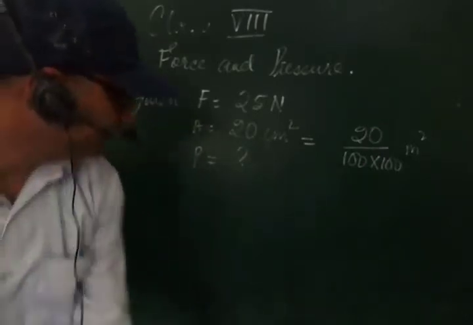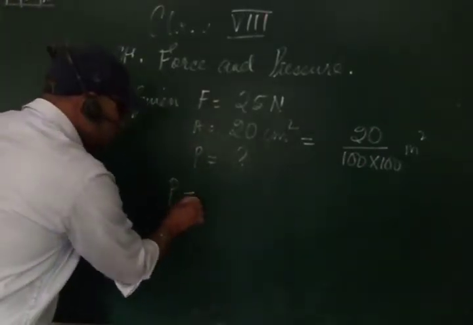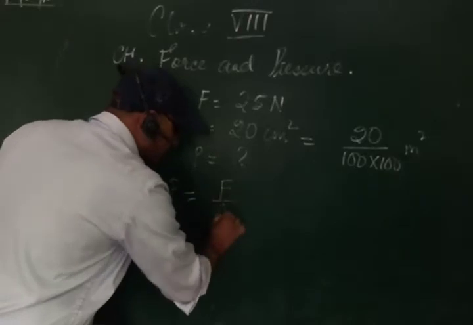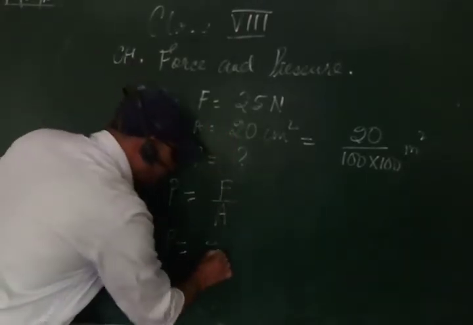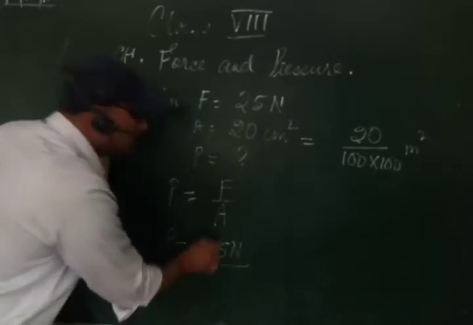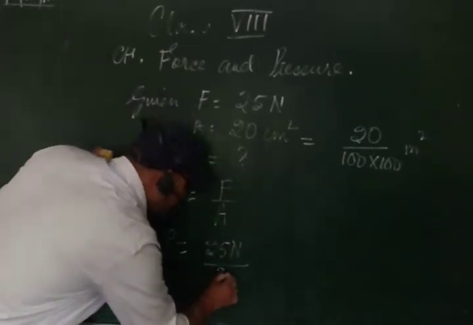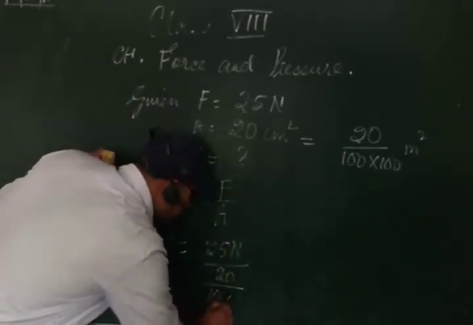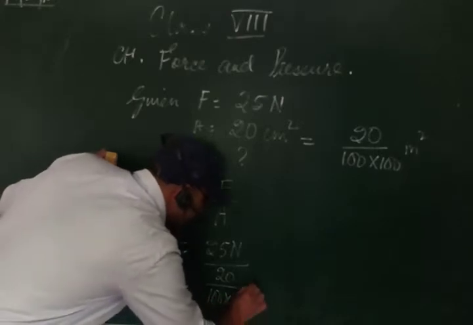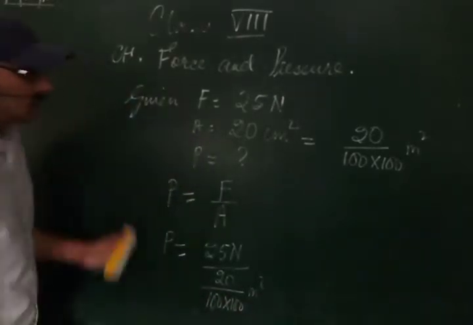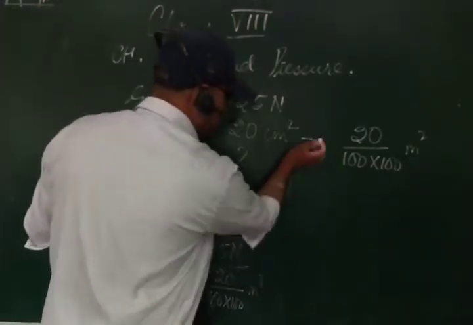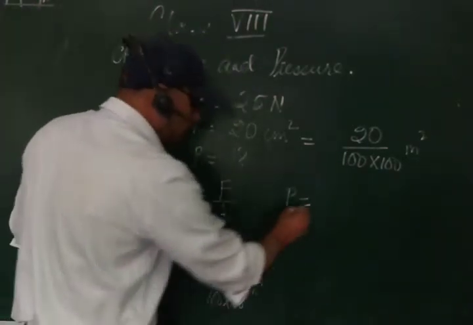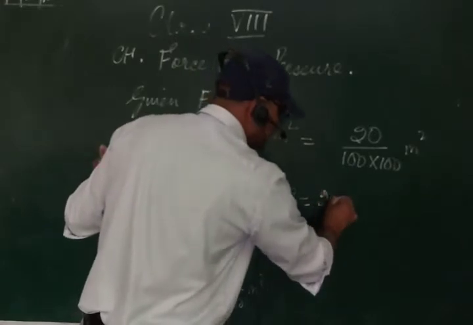As we know, pressure is equal to force upon area. Force has been given as 25 Newton. Area has been given as 20 upon 100 into 100 meter square. So pressure is equal to 25 Newton.